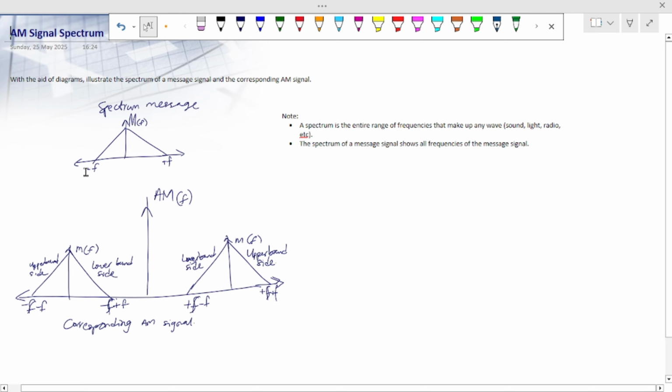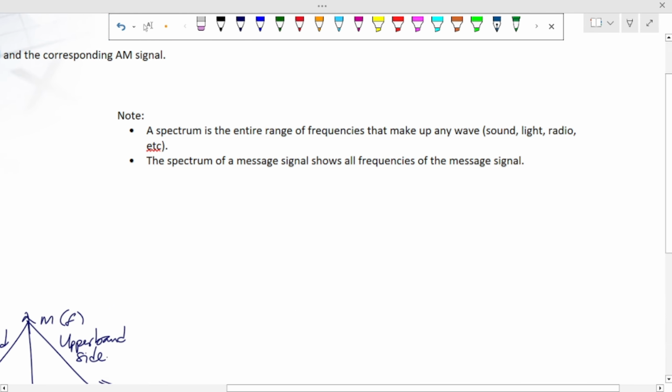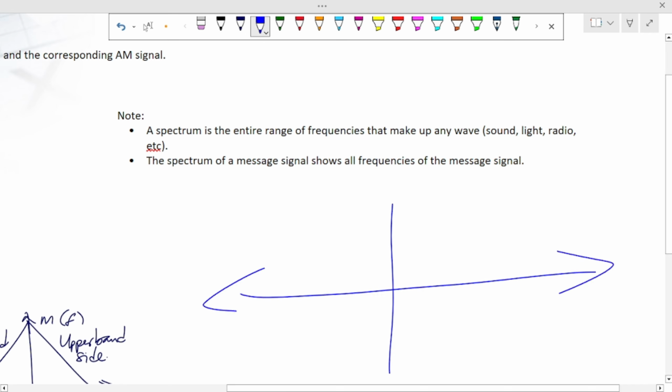First thing first, what is a spectrum? When you hear spectrum, what should come to your mind? A spectrum is the entire range of frequencies that make up any wave, sound, light, radio wave, etc. This is for frequency, and this is for amplitude.